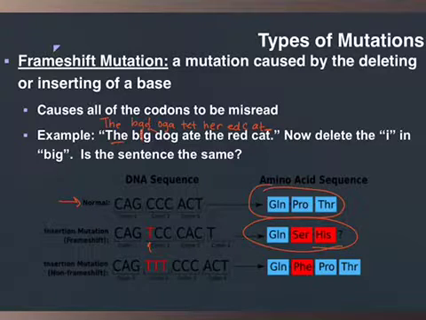And so it totally changes how the amino acids are brought to the ribosome. We can also have an insertion that's not a frameshift, because this time instead of only inserting one base, you've inserted three. So you've inserted a whole new amino acid, and instead of only producing 3 amino acids, you actually get 4.